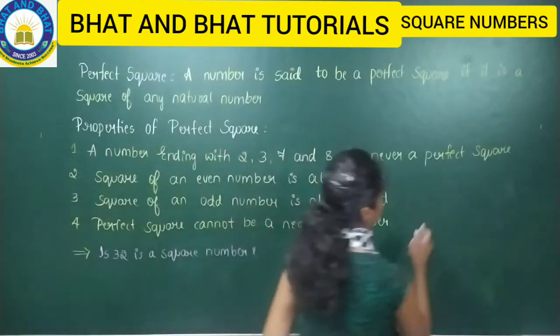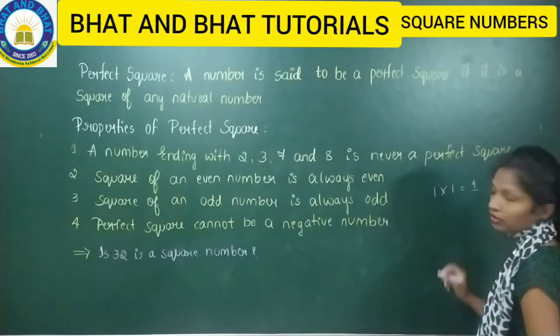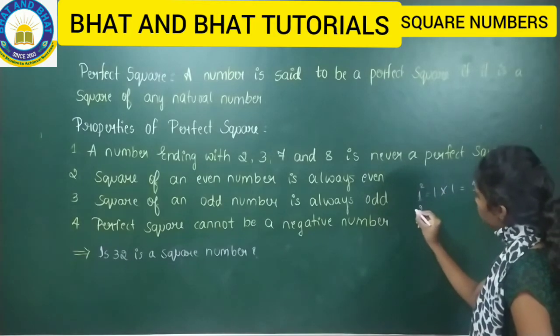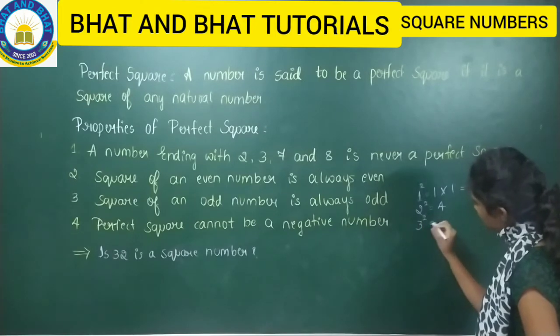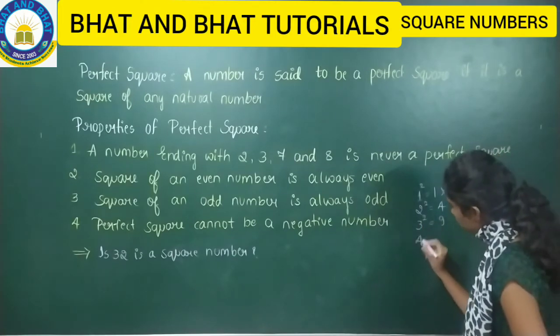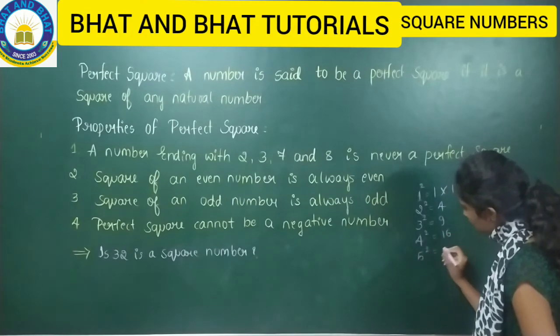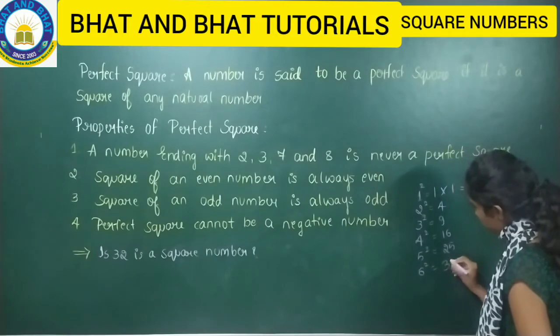As we already know the squares, 1 square is 1. 2 square is equal to 4. 3 square is equal to 9. 4 square is equal to 16. 5 square is equal to 25. And 6 square is equal to 36.